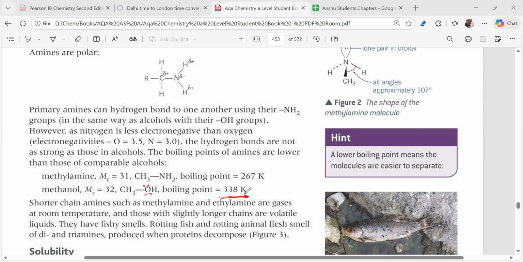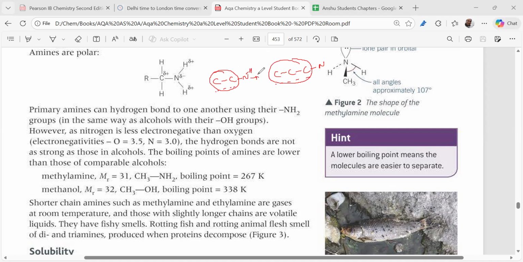Now we have to know about this fact: when we see an amine and go from methyl to ethyl to propyl to butylamine, the carbon chain will increase, right? When the carbon chain increases, what happens? The London dispersive forces will increase. This is a non-polar chain, which contributes to the London dispersive forces.